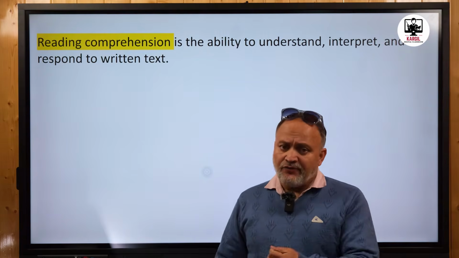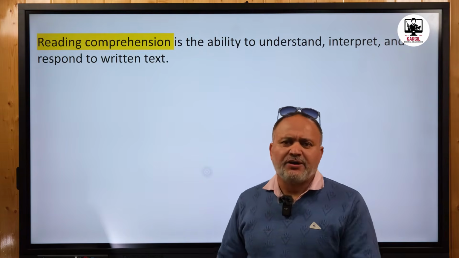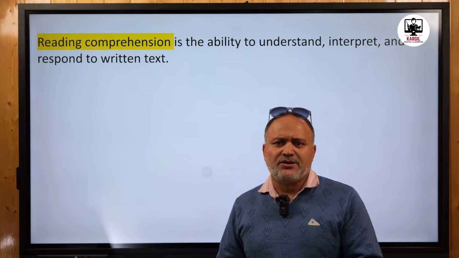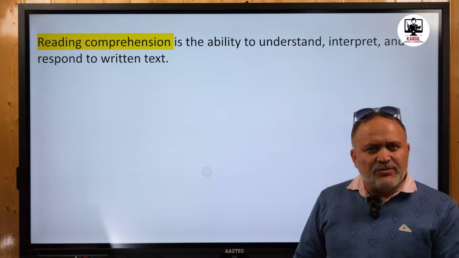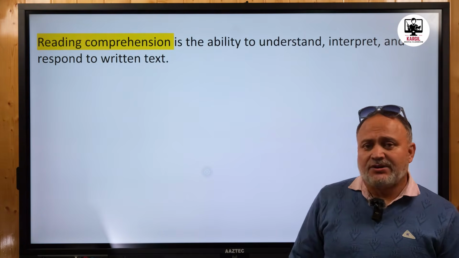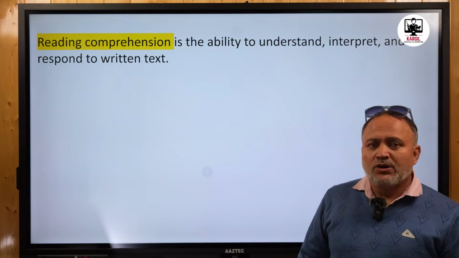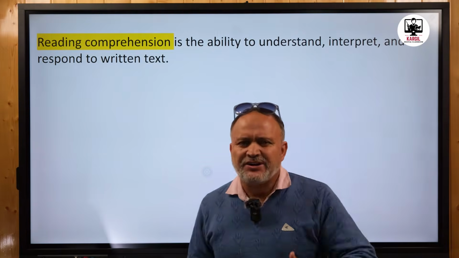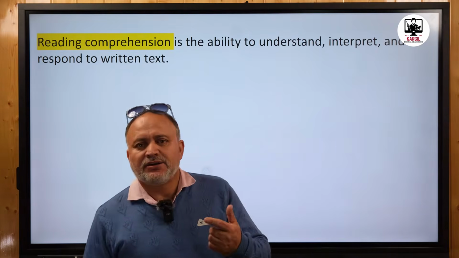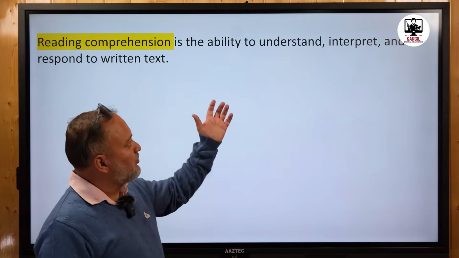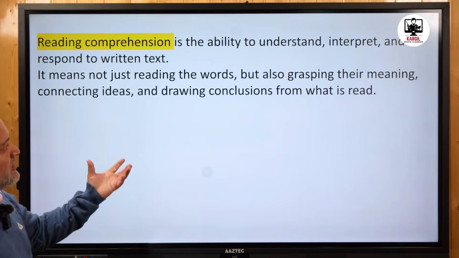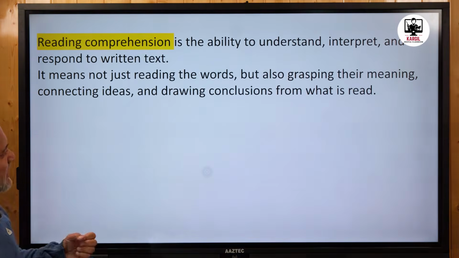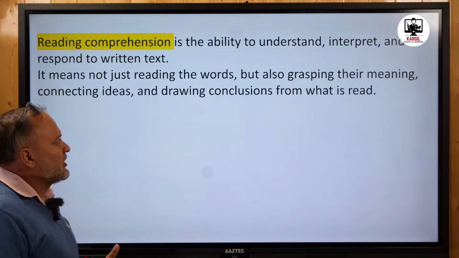So we try to comprehend what the message is in the passage, or what kind of theme the passage tries to convey. If you grasp what has been written, this is called comprehension.